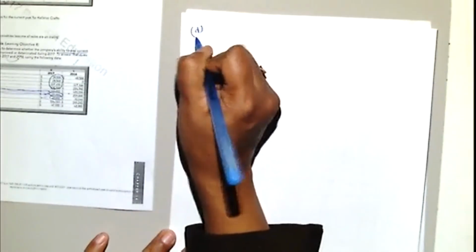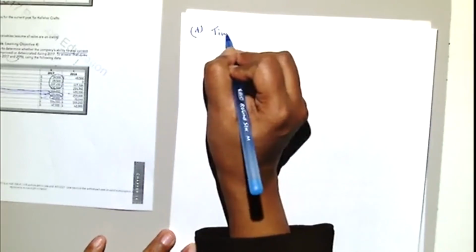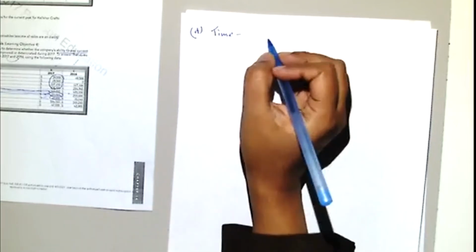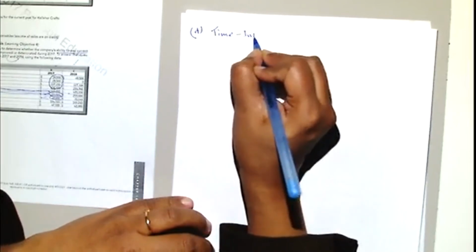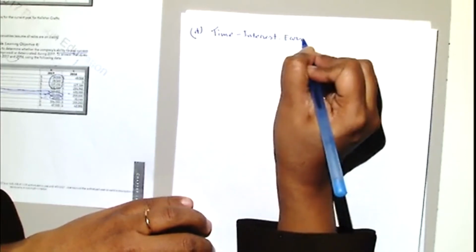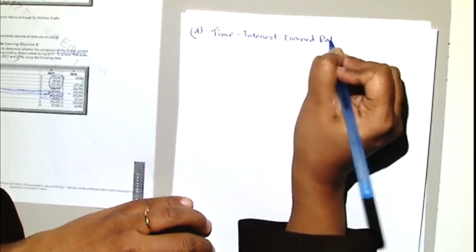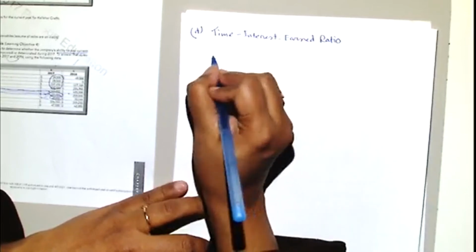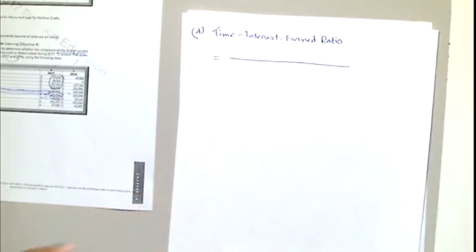Now, another ratio we're going to do is the times interest earned ratio, number D. This ratio will tell you your capacity to pay your interest expense. So who can tell me the formula?